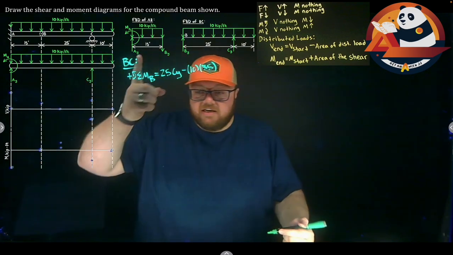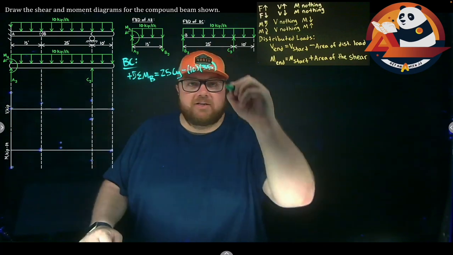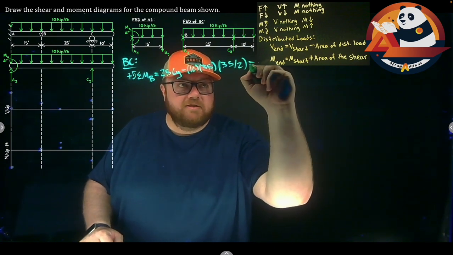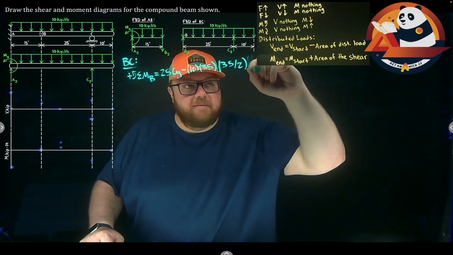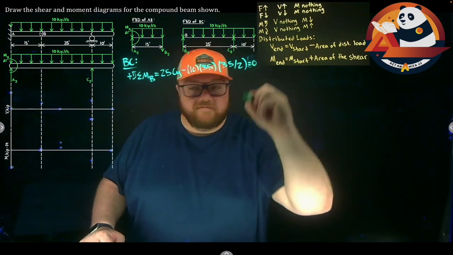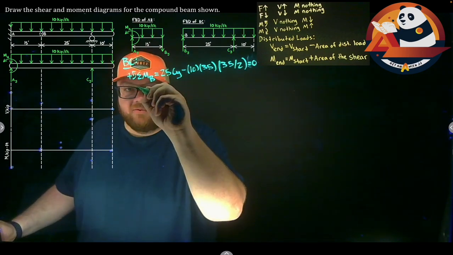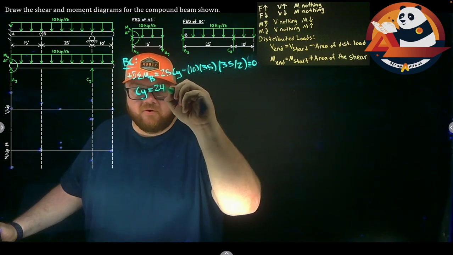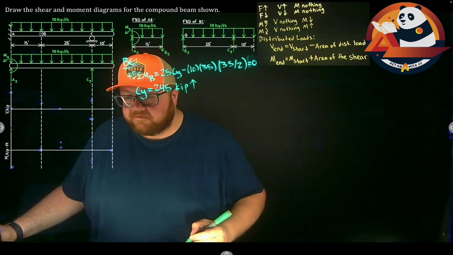Times the distance from B to the centroid of my distributed load, which will be halfway into it, so times 35 over 2, gets us to 0. Equals 0. I can solve that for CY. CY is going to work out to be equal to 245 kips going straight up.